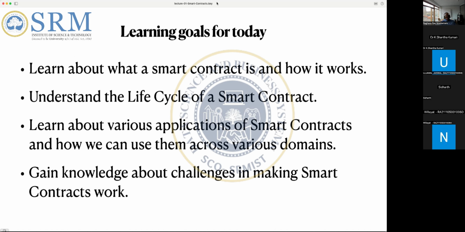We may not touch on the challenges today, but in the next class I will briefly talk about them, because smart contracts are also like a new programming language, right? The complexity comes from the fact that normal programming languages have good syntax and semantics, but they don't need to make a lot of assumptions about the underlying architecture.